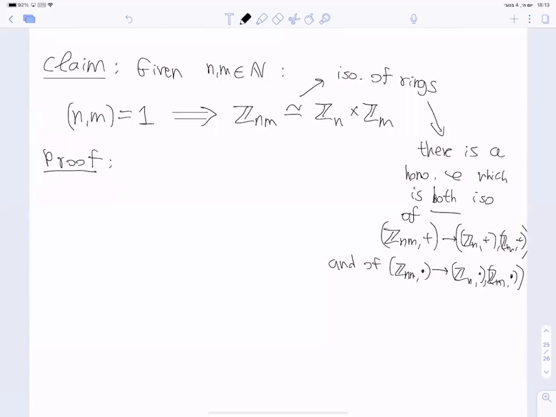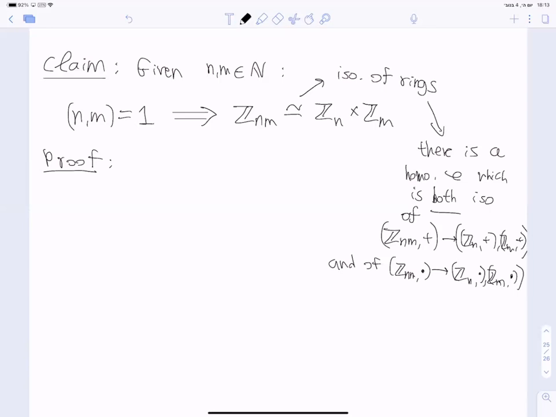So it is the morphism of both of this group and these monoids. So how do I prove it? Don't worry, this is very simple. Because first we have to show that it is a homomorphism with respect to both operations.